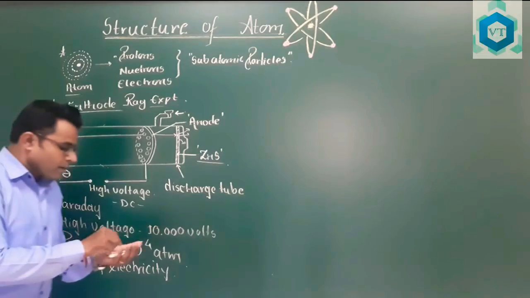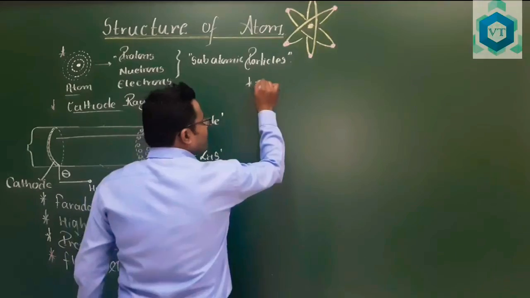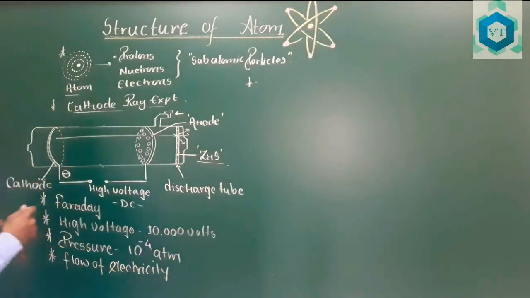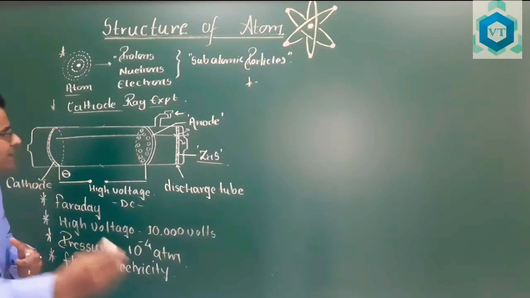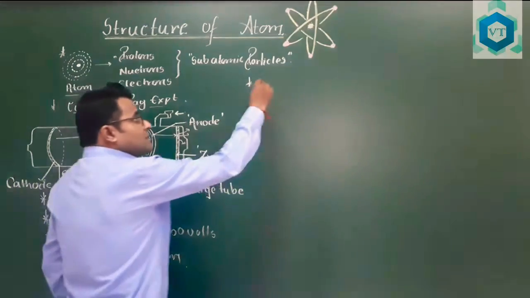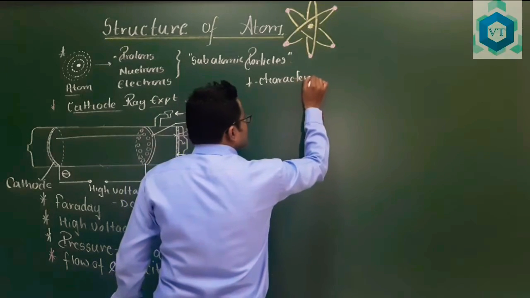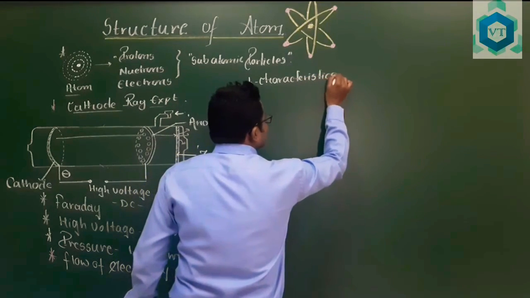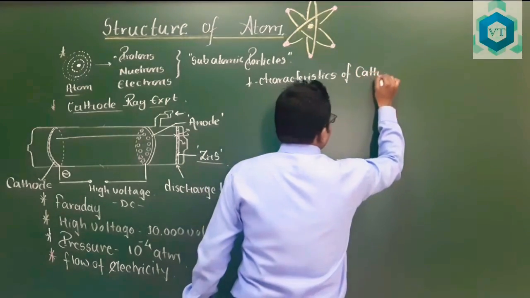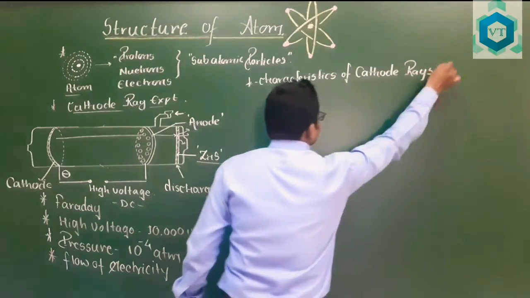Okay, so moving further, after some time, there was another scientist, J.J. Thomson. One of the major contributions in this experiment was given by J.J. Thomson. Now, the characteristics of cathode rays.